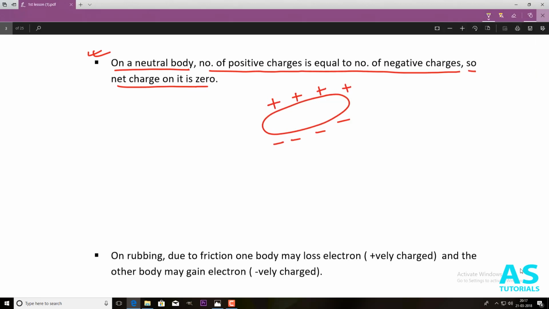Due to neutralization, it means cancellation of the opposite charges, the body does not have any excess charge. This is why this body has no net charge. So the net charge should be equal to 0.